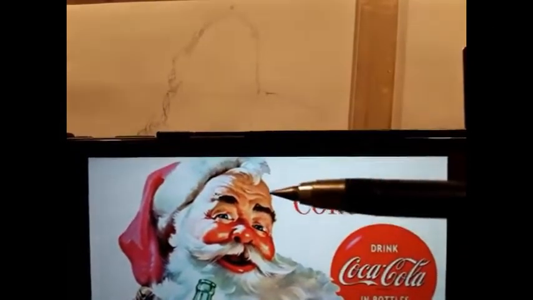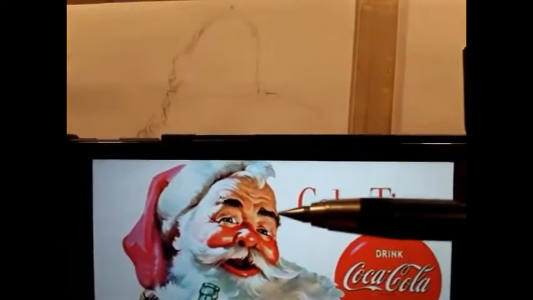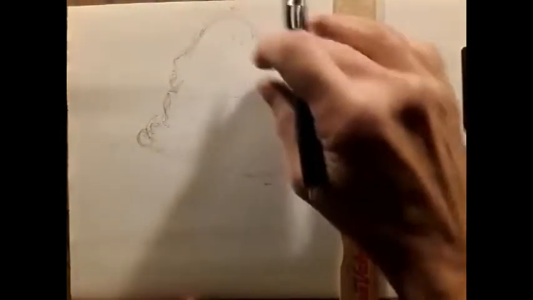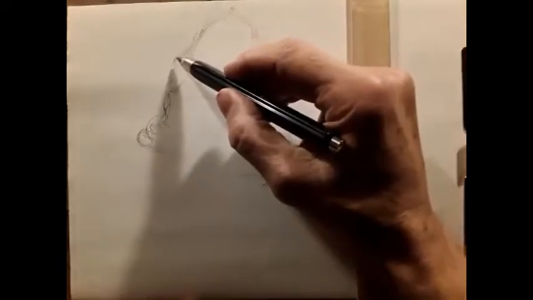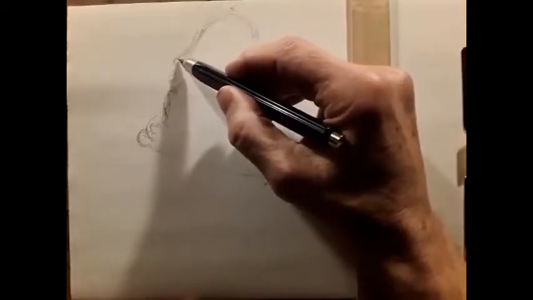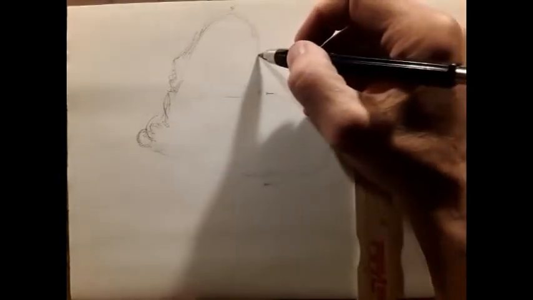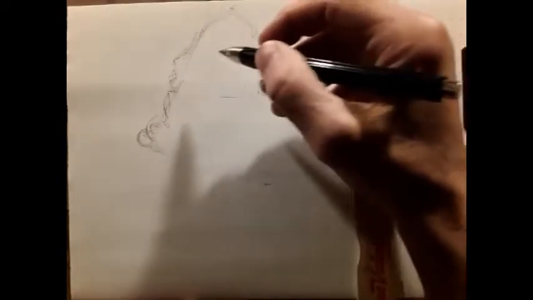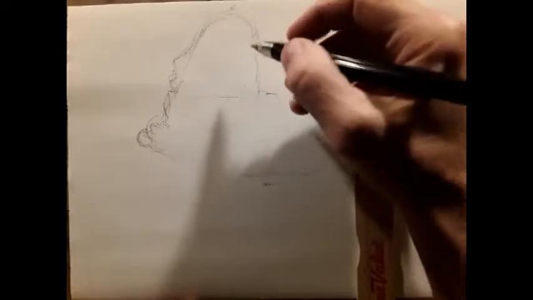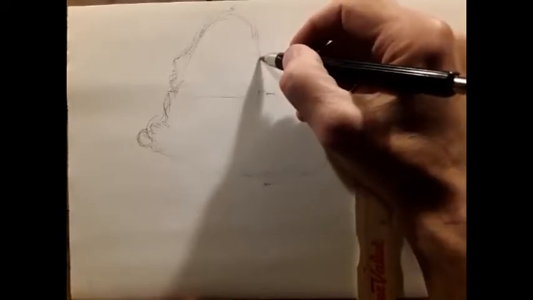Looks pretty good. I'm going to have to get these lines developed onto the other side. Now directly across from this little outpouring of hair here above his ear, directly across is where his right eyebrow kind of sticks out, right about there.